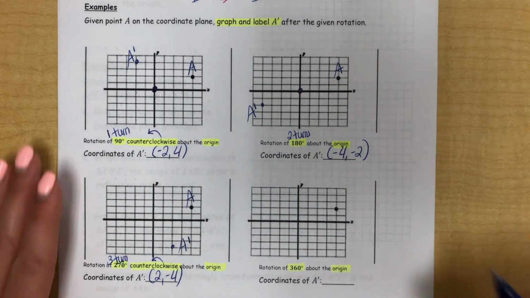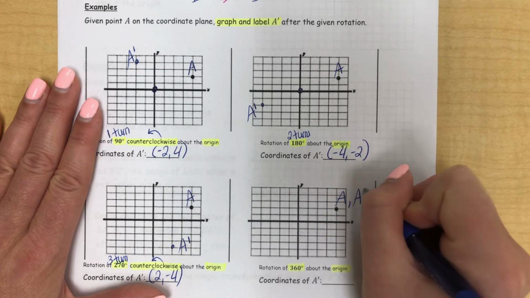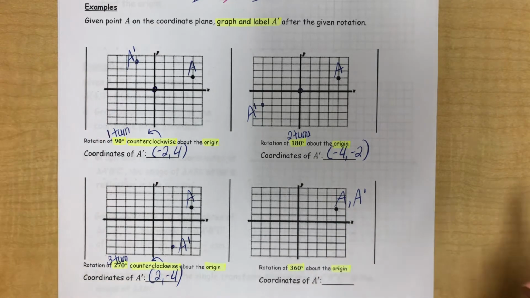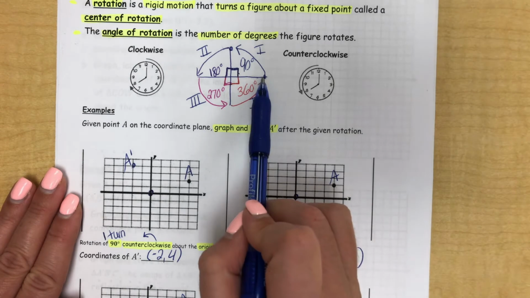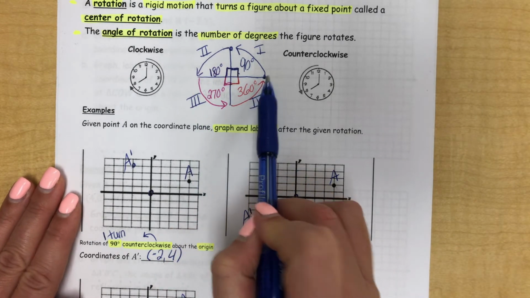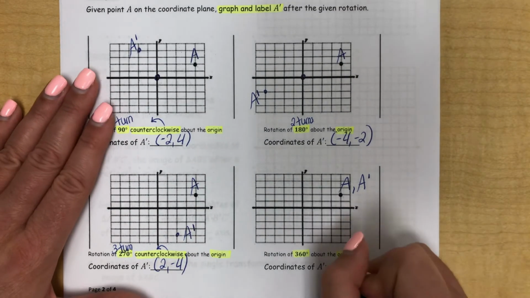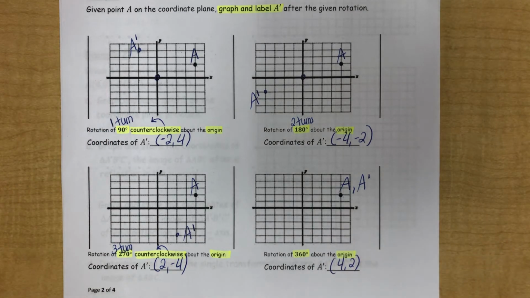I think so. So this is not only A, it's also A prime because I'm right back where I started. You would have to turn your paper 4 times to get 360. 1, 2, 3, 4. And if you turn it to 4, again, you're right back where you started. So what's A prime? It's 4, 2. It's the same point as A.